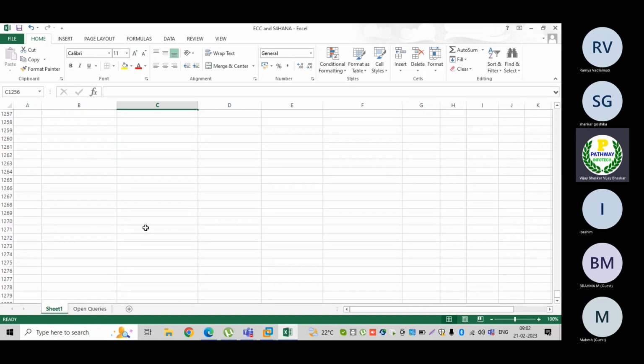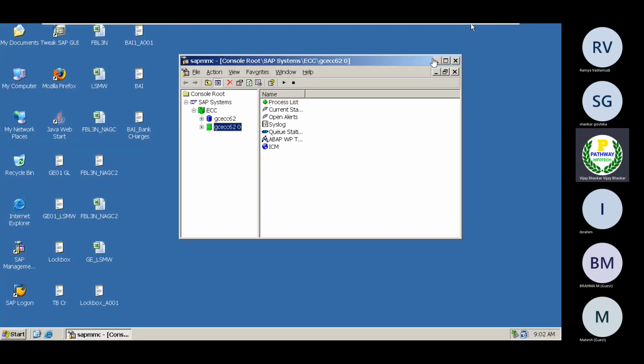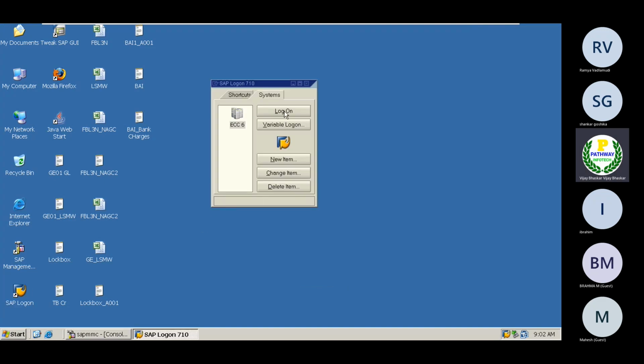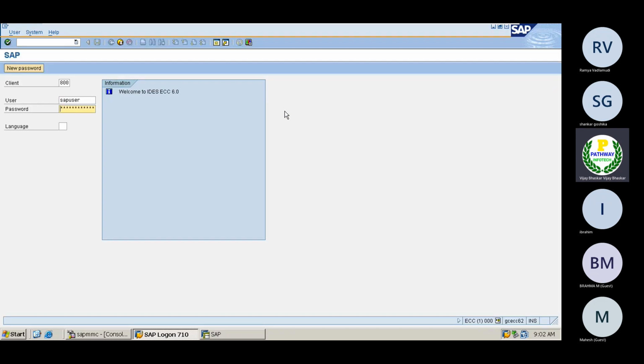The movement types are similar to the posting keys in FI. Whenever we post documents in finance, let me open SAP.